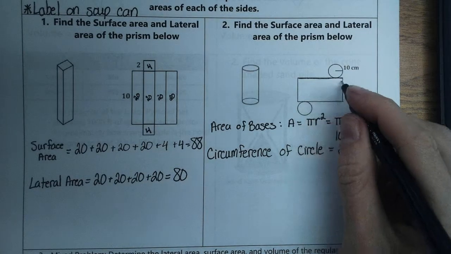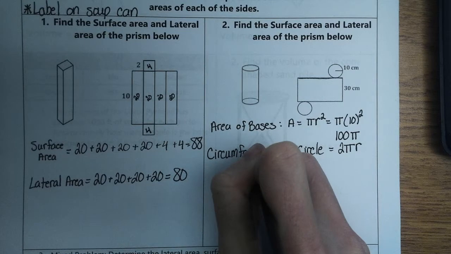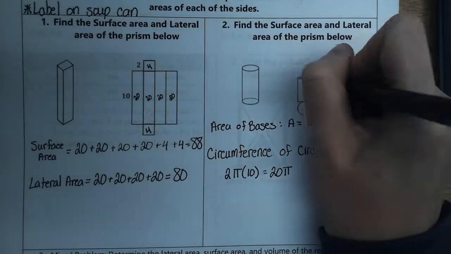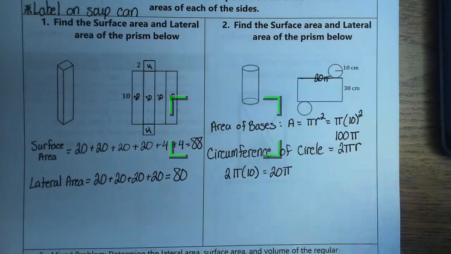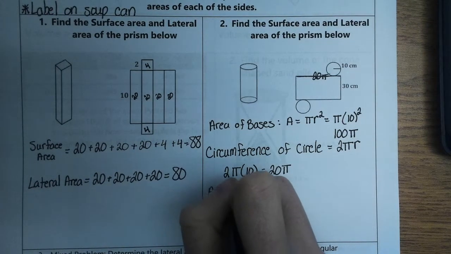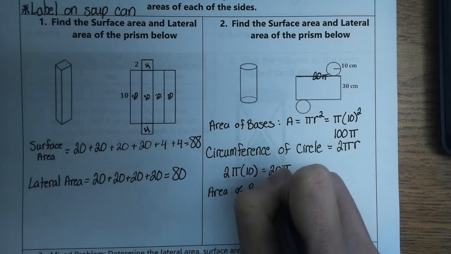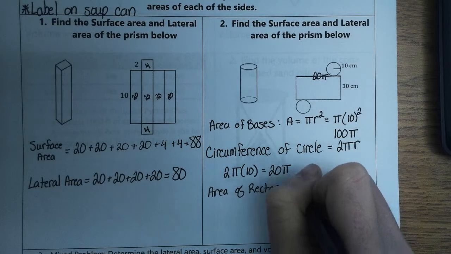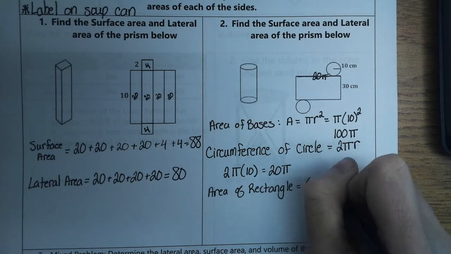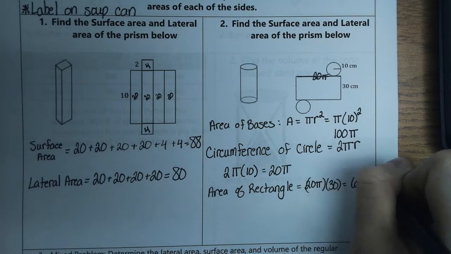So for this circle, that's going to be 2 pi times 10, so that's 20 pi. So that is the length of that rectangle. So the area of the rectangle is equal to 20 pi times 30, which is 600 pi.